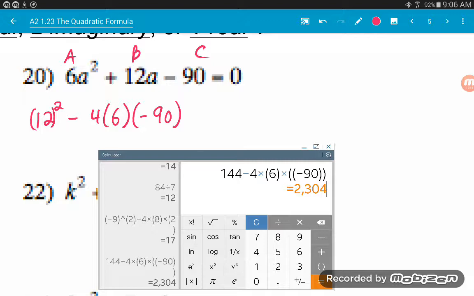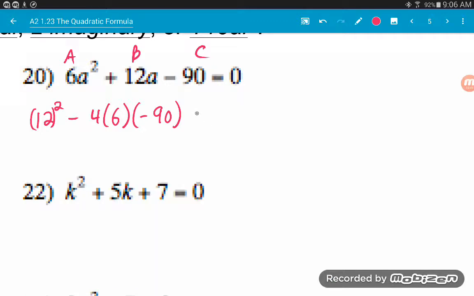And I get 2,304. So this is positive, and that means that I have 2 real roots.